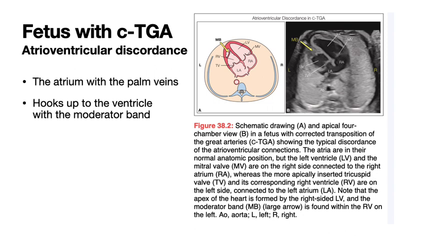So what we've got is a morphologic left atrium, and kind of the way we can tell is because the pulmonary veins drain into it. So we've got an atrium with pulmonary veins, and that particular left atrium is hooking up to a ventricle with a moderator band. So that is left atrium to right ventricle. So that is atrioventricular discordance, which cancels out the ventriculo-arterial concordance.